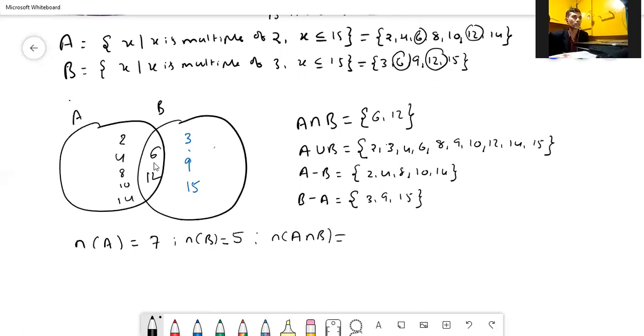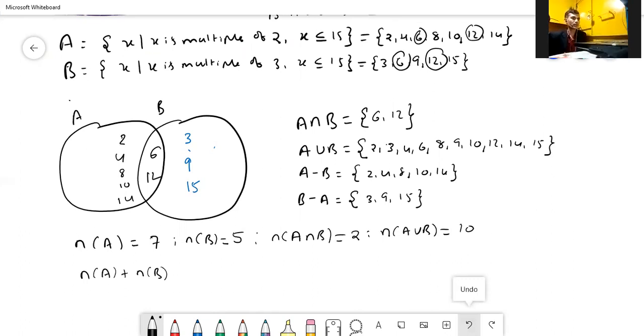Intersection, only 2 common elements are there. A union B, how many elements are there, you see? 1, 2, 3, 4, 5, 6, 7, 8, 9, 10. So if you add the number of elements in A and in B, we are not getting n of A union B. Okay, they are not disjoint sets, no?